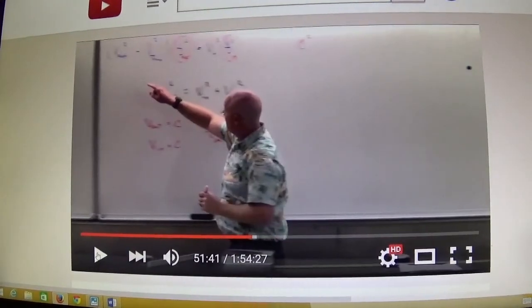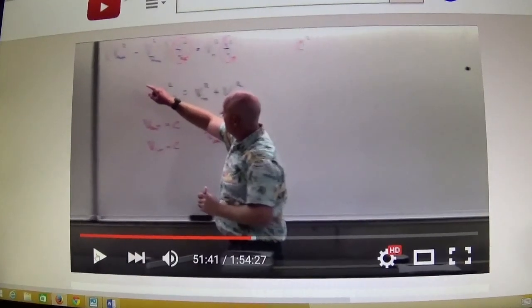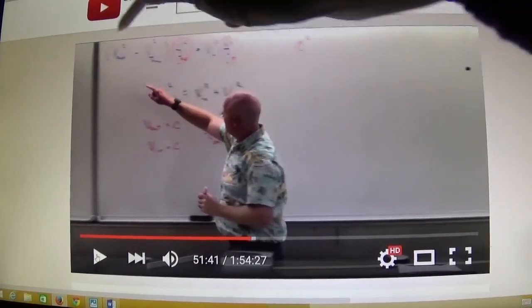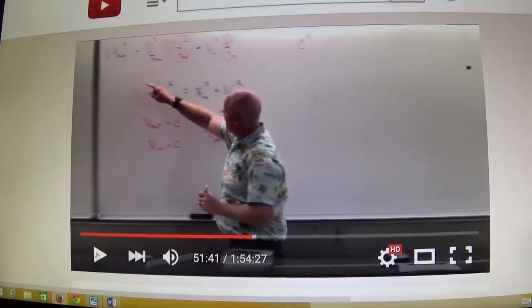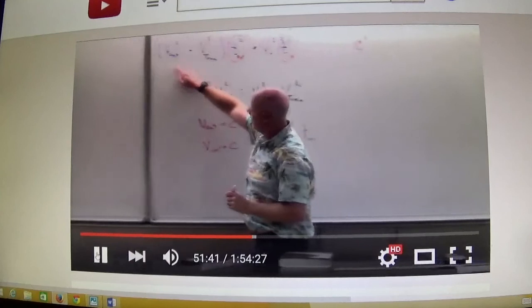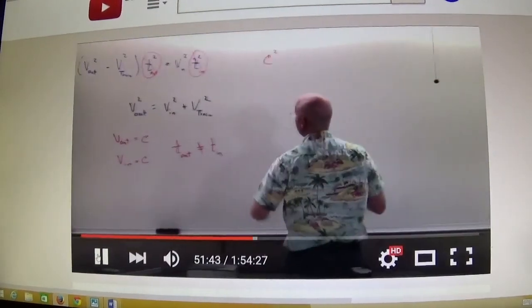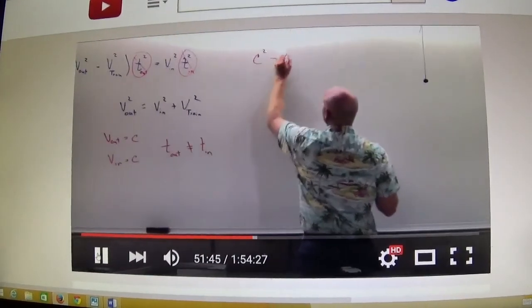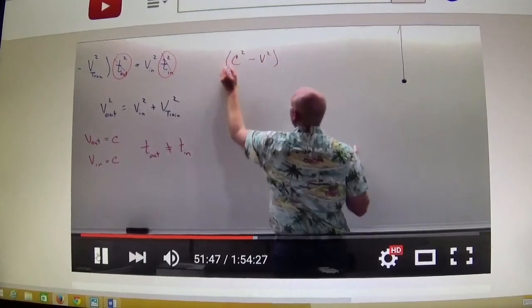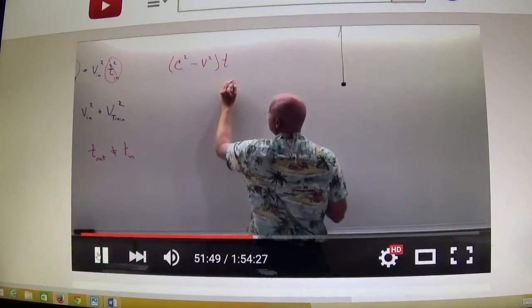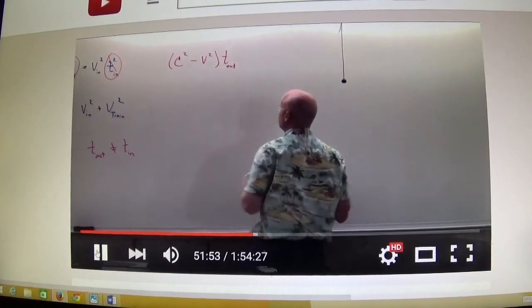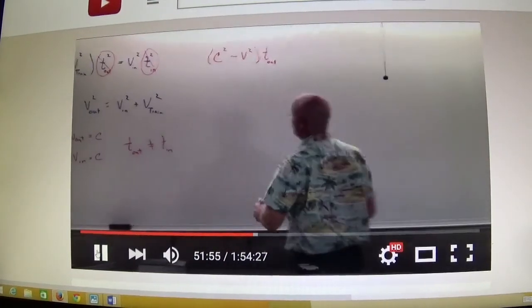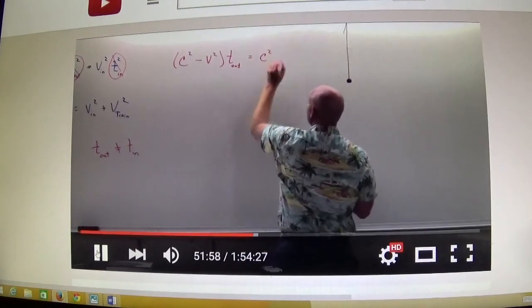So now he's going to put this into that equation up there. So he's going to work out what will be the time dilation equation. On the outside with c squared, the velocity of the train with just v, since the other speeds all have a c in them.